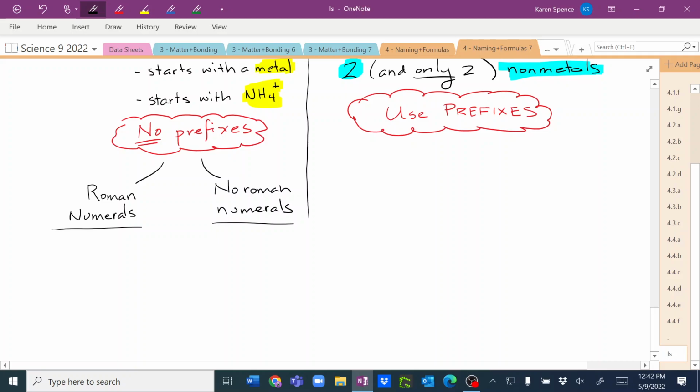Okay, so Roman numerals we use for metals in the red zone. No Roman numerals we use for all other metals, the metals not in the red zone.